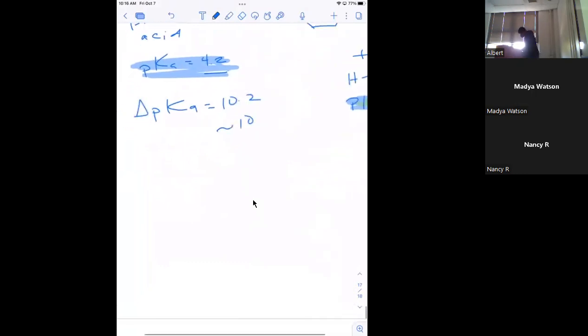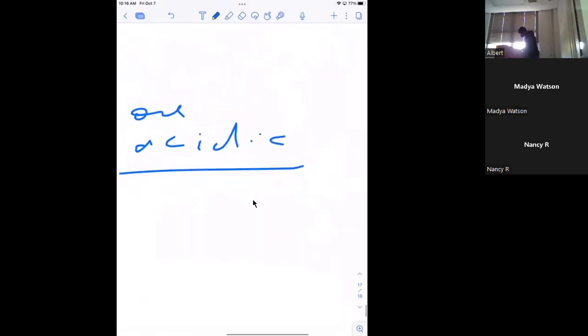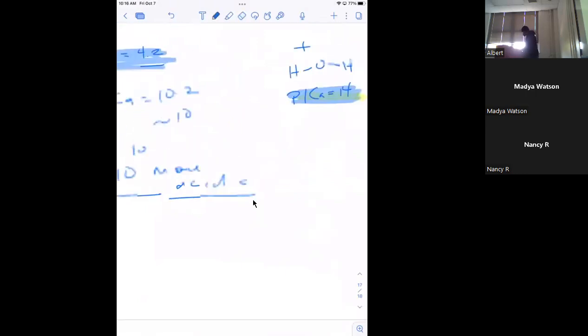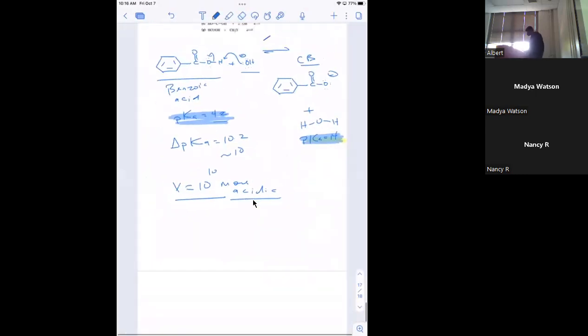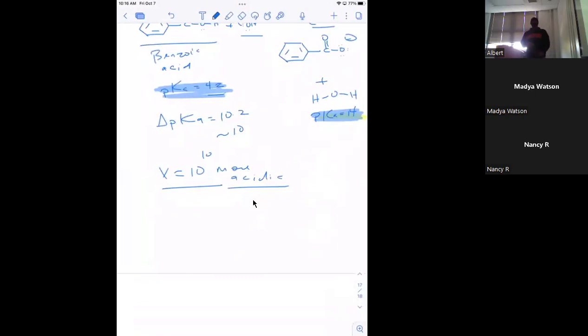So we can say roughly 10 to the 10, or 10 billion. 10 to the 10th times more acidic than water.